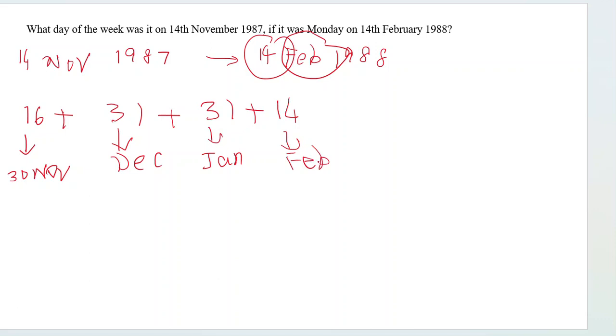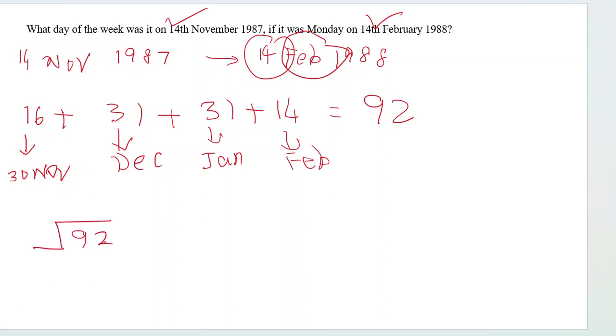So therefore the total number of days, or the difference between the days, is nothing but 92. That means there are 92 days which lie between 14 November and 14 Feb 1988. Now what we have to do is divide this 92 by 7.